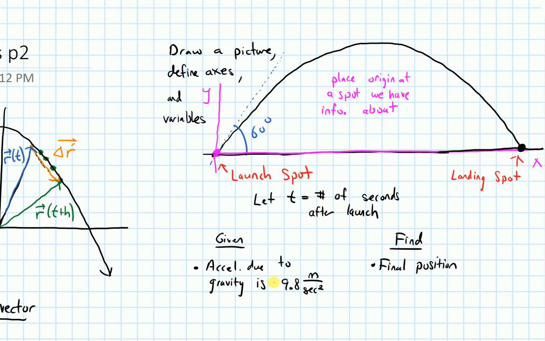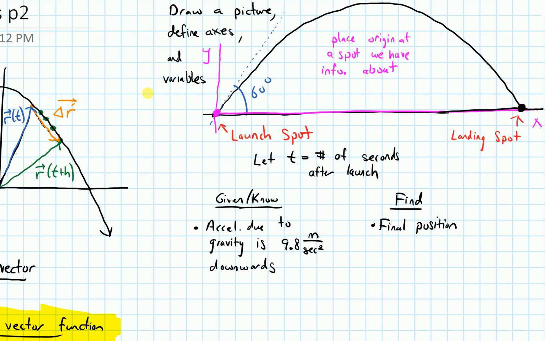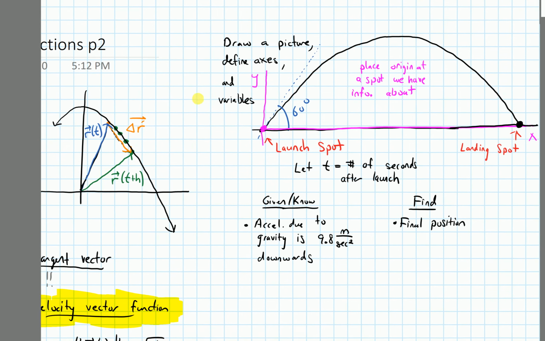That's the acceleration due to gravity. And gravity is accelerating things downwards, towards the ground. Downwards, technically towards the center of the Earth. So that's something that's given, or maybe I'll put given slash things that we know. All right, what are some other things that are either given or that we know here?